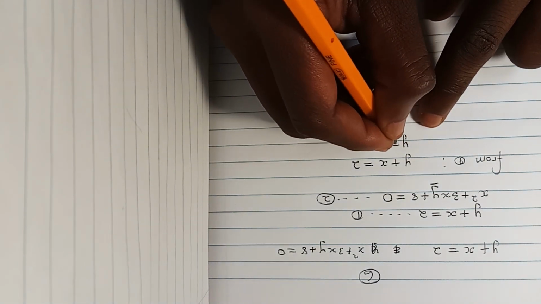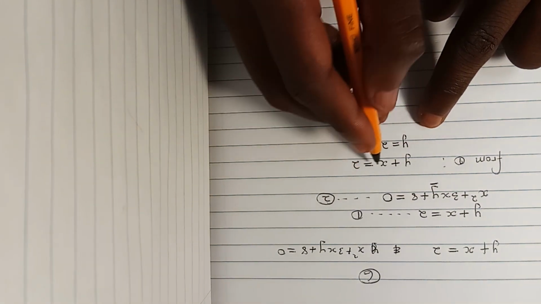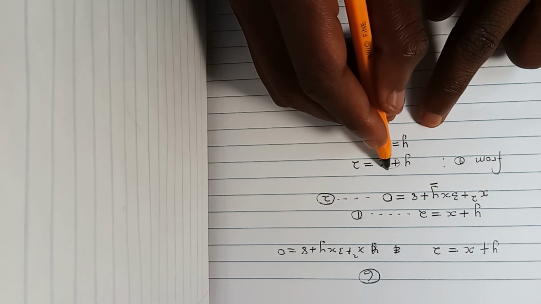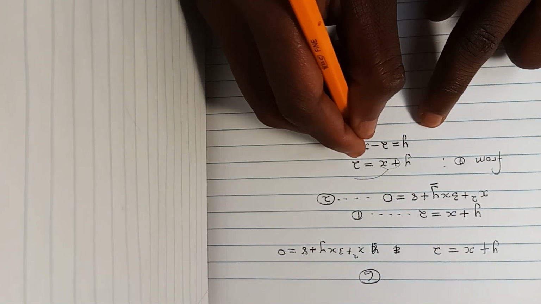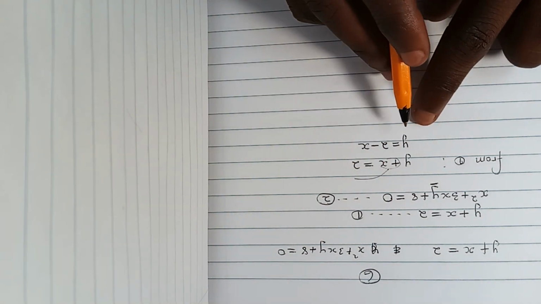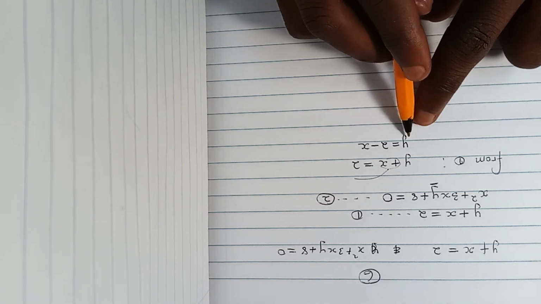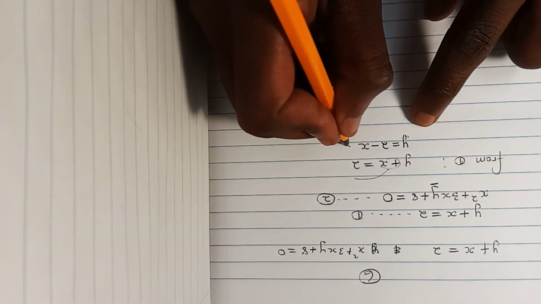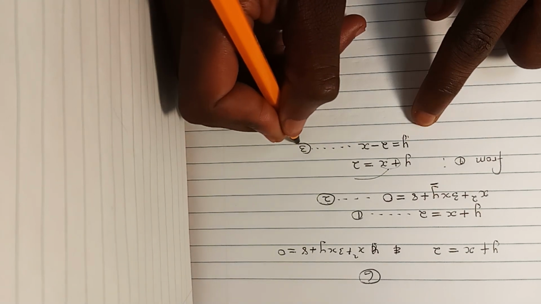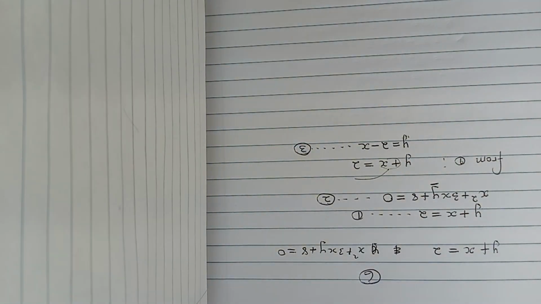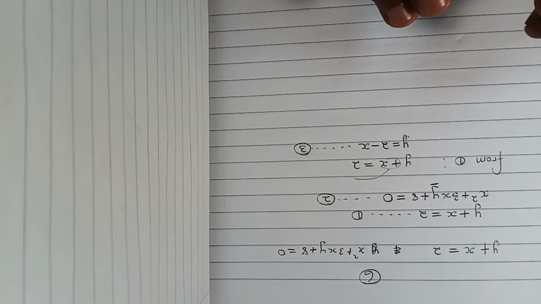So y will be, we have 2 being joined by this x. If it goes to that side, it will be minus x. And we said in the steps, once we have something that is subject of the formula, we name it equation 3. And then remember, is the substitution part.